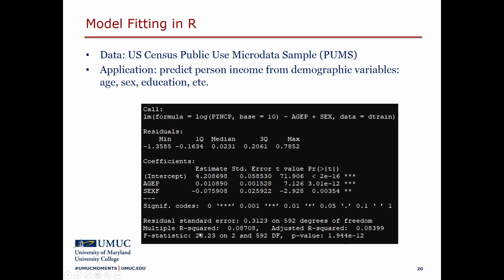And here, multiple R squared, this is another thing that we discussed, is the amount of variance that was explained. In this case, it's not a good number. As you can see, just 0.08. Part of the reason is that this is a very simplistic fit using only 2 variables out of many variables in the dataset, just for me to be able to explain some of the parameters that we discussed in this lecture.